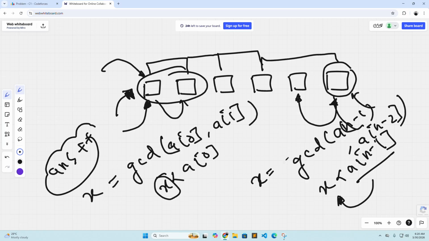It doesn't affect the GCD of any subarray. So we will again increase our counter.